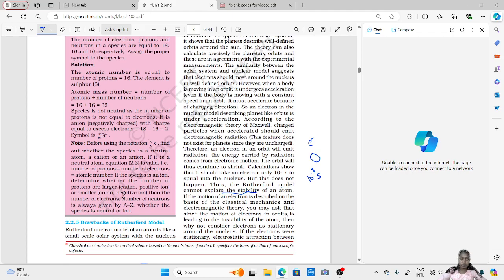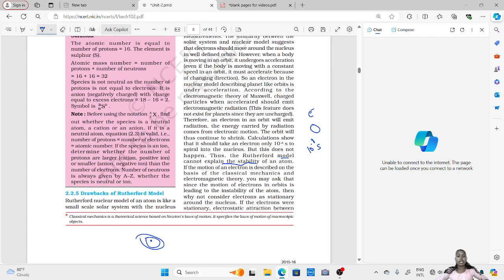If the motion of the electron is described on the basis of classical mechanics and electromagnetic theory, you may ask: since the motion of electrons in orbits leads to the instability of the atom, why not consider electrons as stationary around the nucleus?